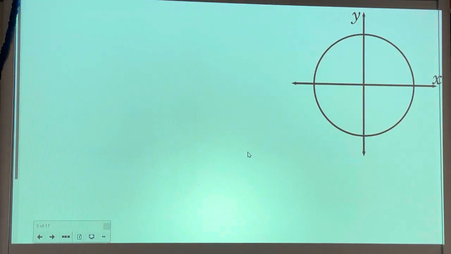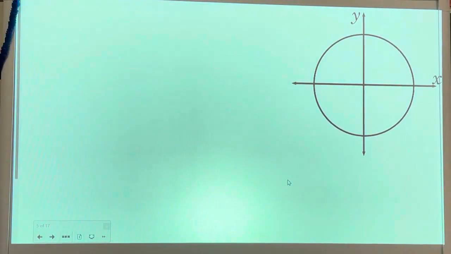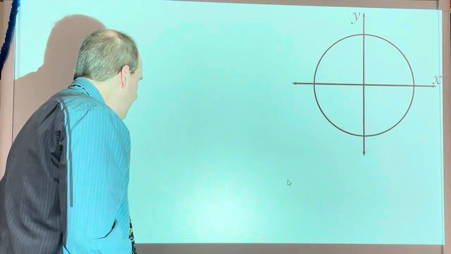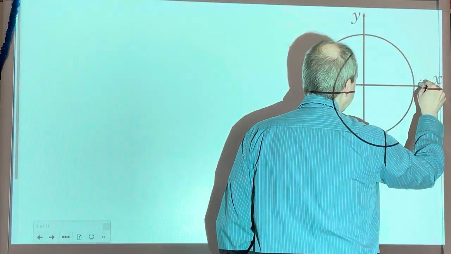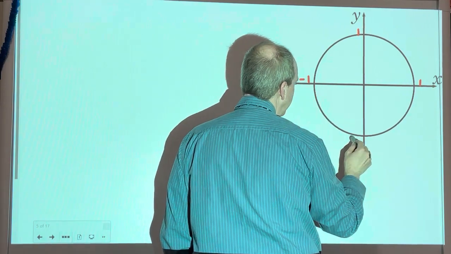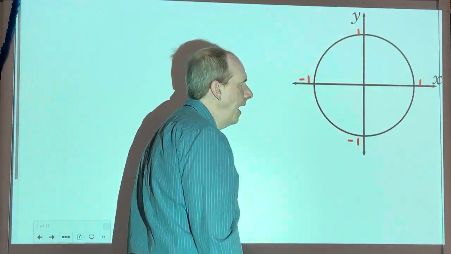So let's see if we can do a little labeling here. Got our unit circle. We know we go out 1 unit this way, up 1 unit this way, left 1 unit this way, down 1 unit that way.